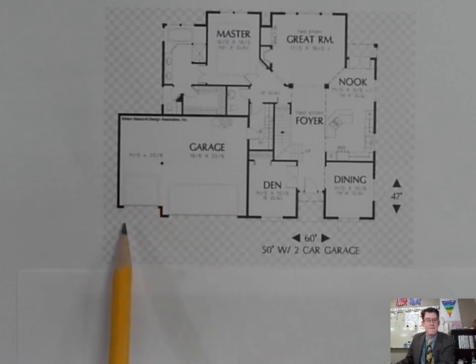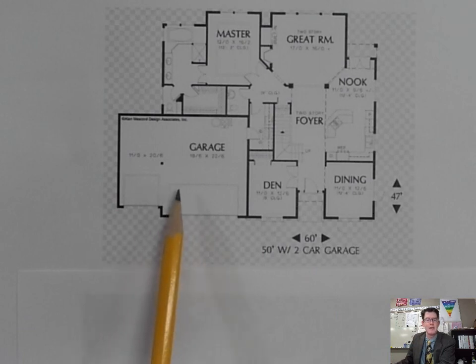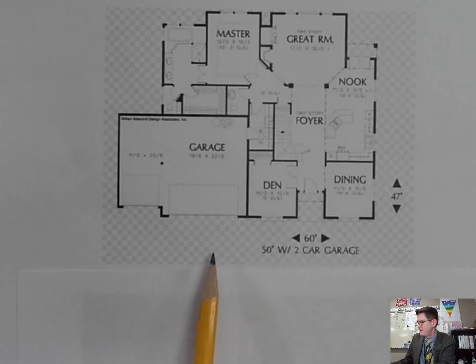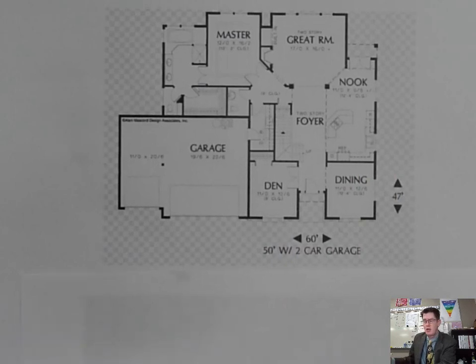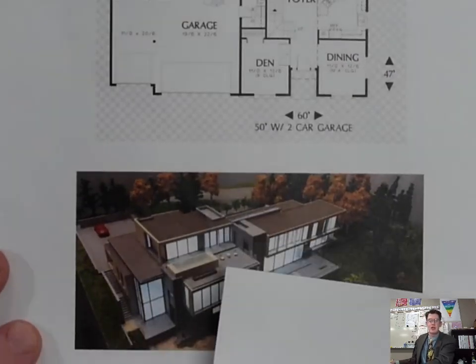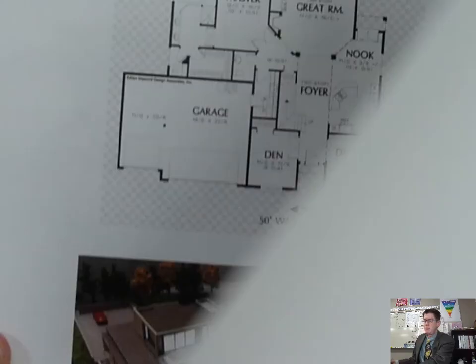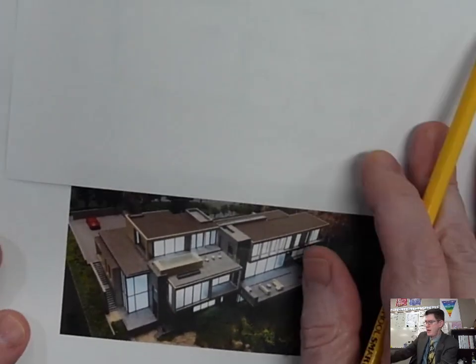And then they'll have a scale drawing of it that they can work with in actually building the actual home. It says it's 60 feet this way and 47 feet this way. It just helps them see how the scale drawing helps them get an understanding of the actual item.